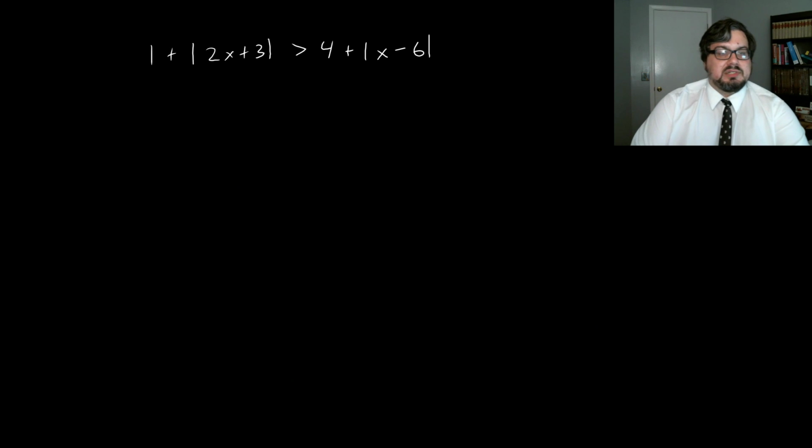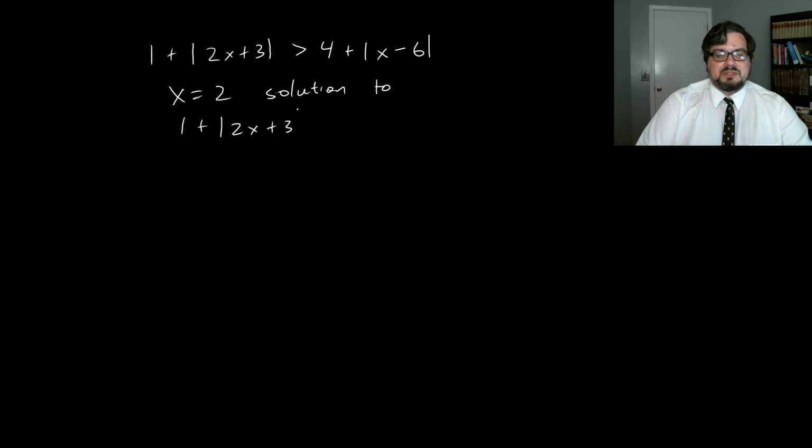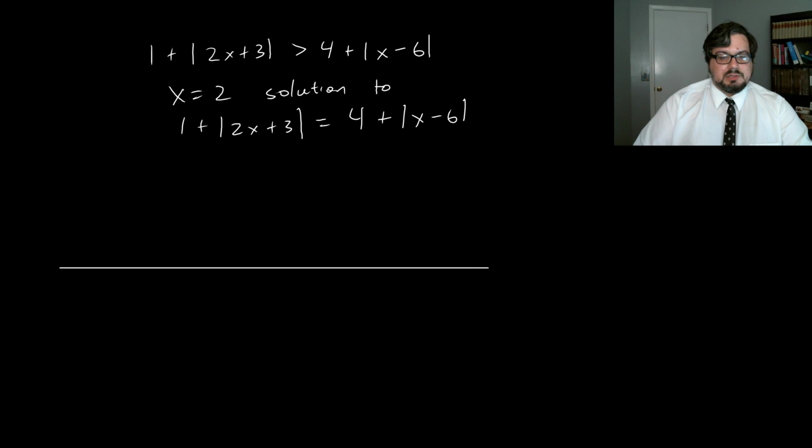So, once again, we've got this equation. We have x equals 2 as our only solution to the equation 1 plus absolute value of 2x plus 3 equals 4 plus the absolute value of x minus 6. So we can go here, 0, and then 2 is the place where we're really splitting up the number line.